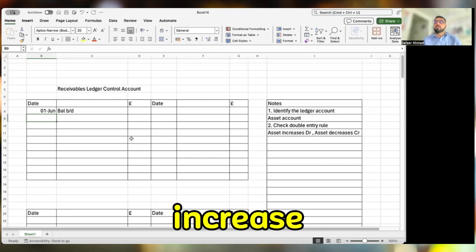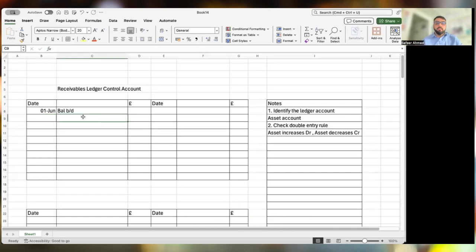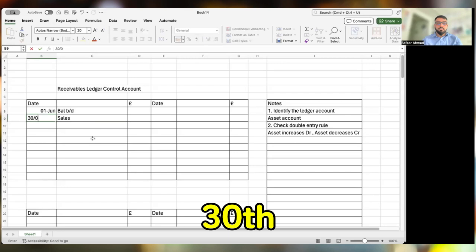Now, what will increase it? If this business sells more on credit, which means more credit sales, it will increase the balance your customers owe you. So the sales will go on this side, can be any date, let's suppose on 30th of June.